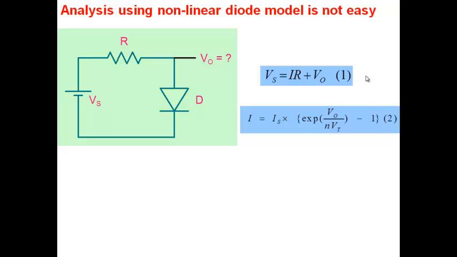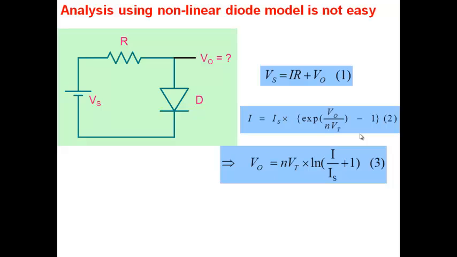The equations come from Kirchhoff's voltage law, Vs equals IR plus the diode drop V0. And because we are talking only DC here, the other equation is the diode equation, I equals Is times exponent V0 by NVT minus 1. We have to solve these two equations together in order to find out what V0 is.